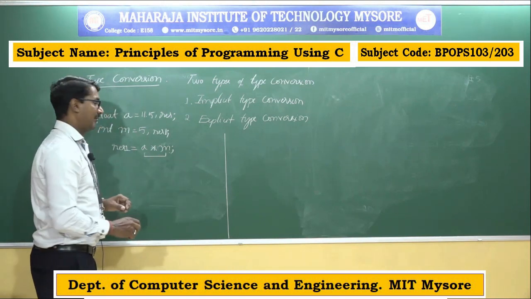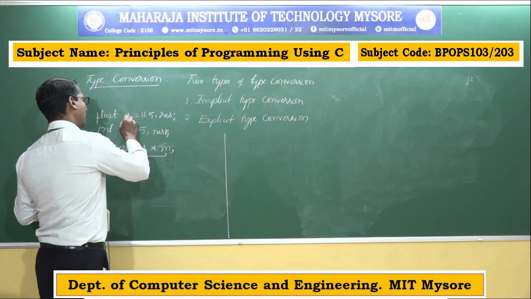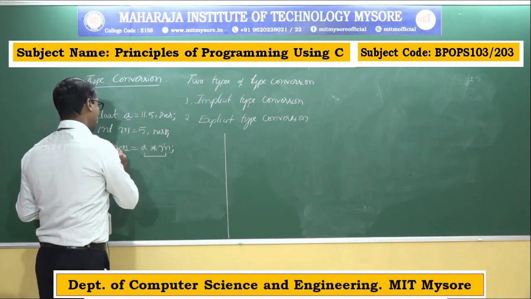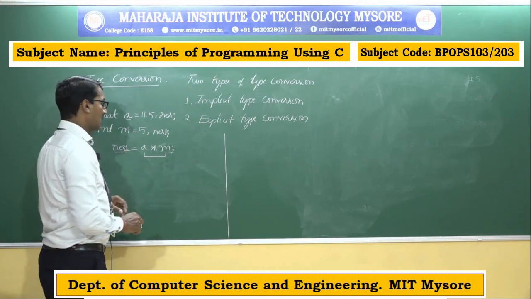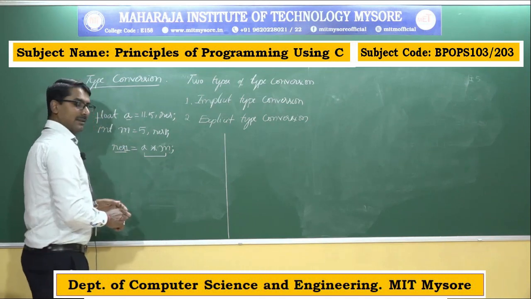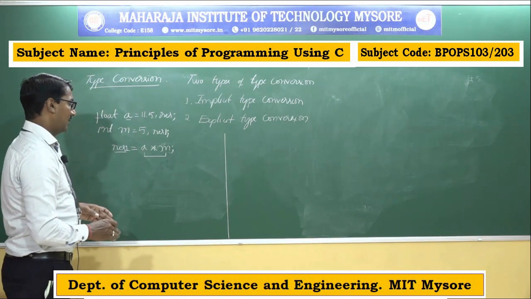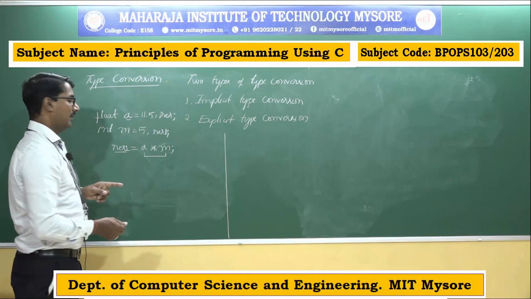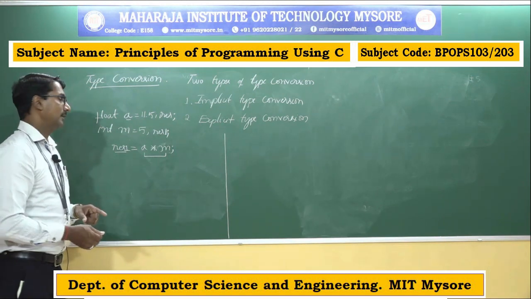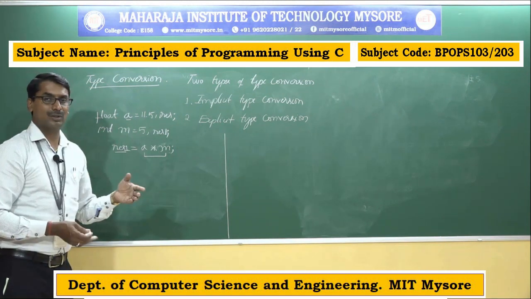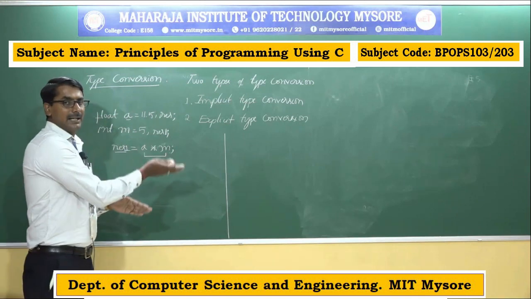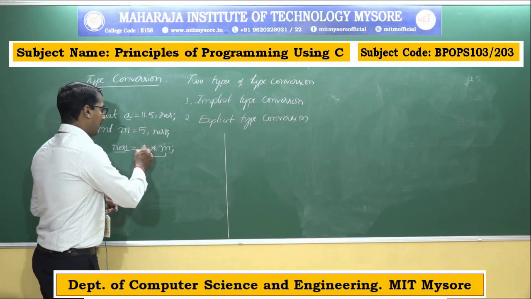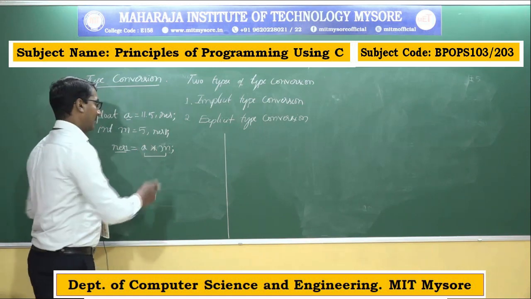This expression is a mixed type expression because a is of float type and m is of integer type, and res1 is of float type. So here the data will be converted to floating point data type, because the conversion happens to the higher order data type.